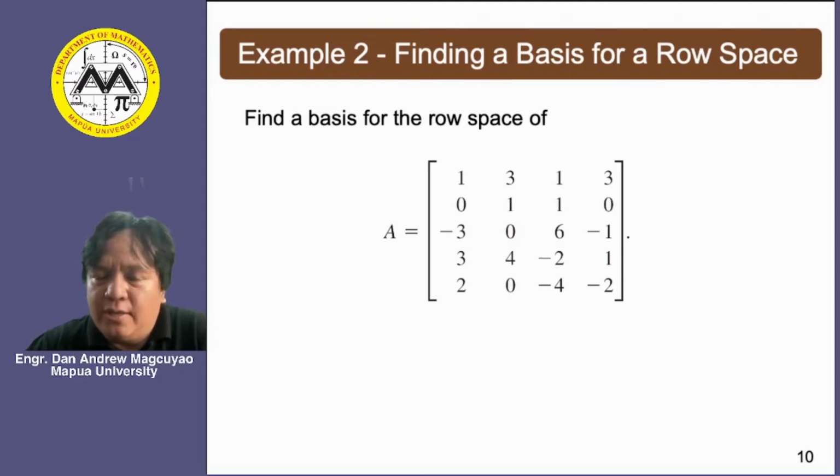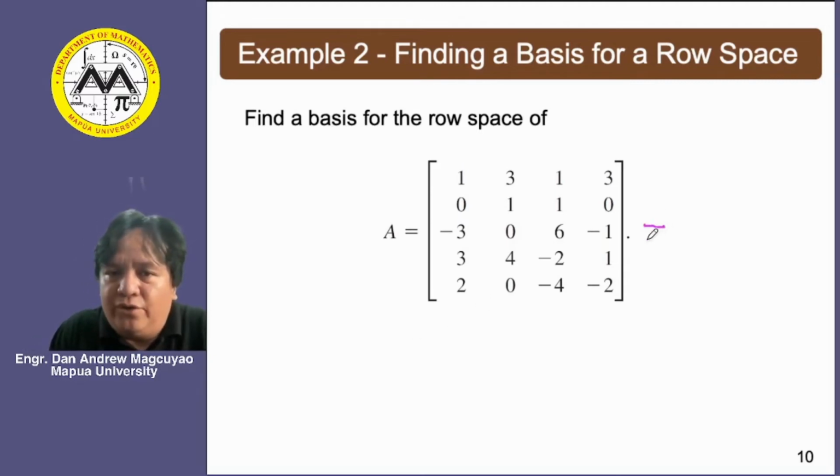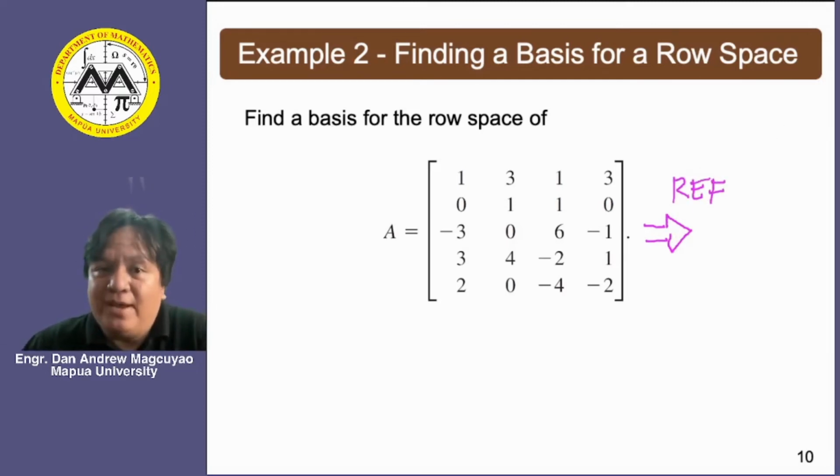The solution to the row space spanned by this matrix will be obtained by taking the row echelon form. So we're going to convert this into its row echelon form. We will be providing the transformation of this matrix into row echelon form in the file section of our course.